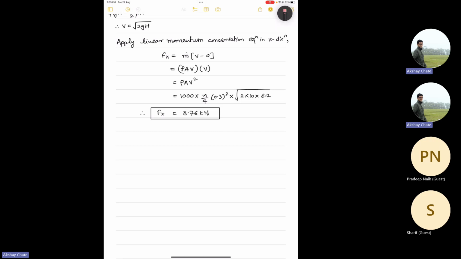I'm just checking the syllabus, so that I should not do something which is to be covered later. That is only my question. Laminar boundary layer, buoyancy, drag and lift is there. Okay, so we can take this question.